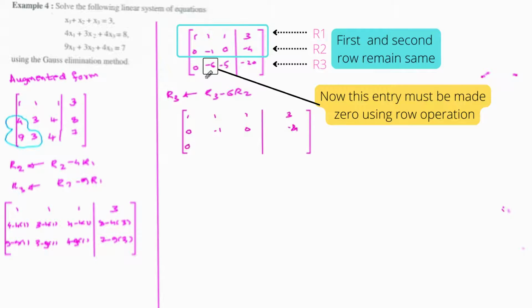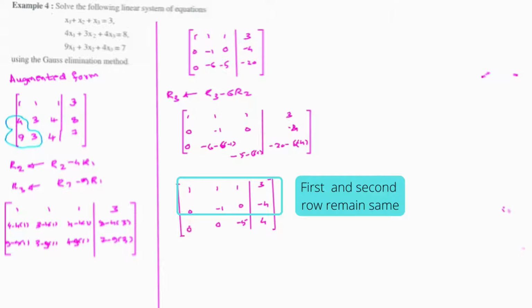So now this is minus 6 times the minus 1. In the same way, minus 5 minus 6 times 0. In the same way, minus 20 minus 6 times the minus 4. Simplify this again here. Okay, this is over. So now we have the last operation to do.